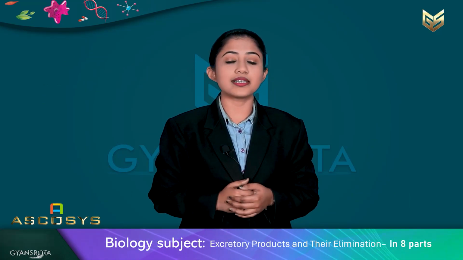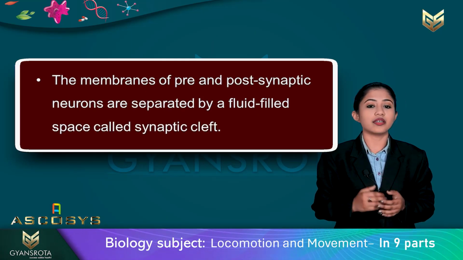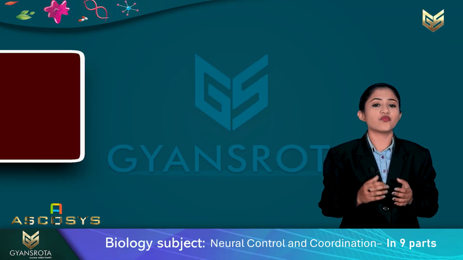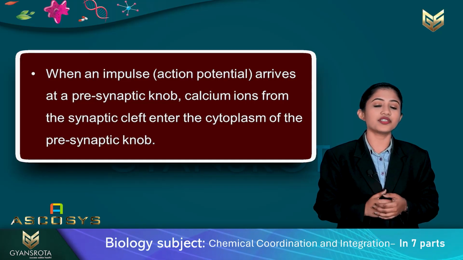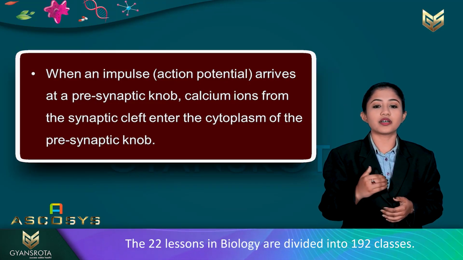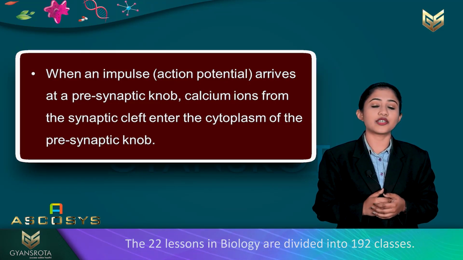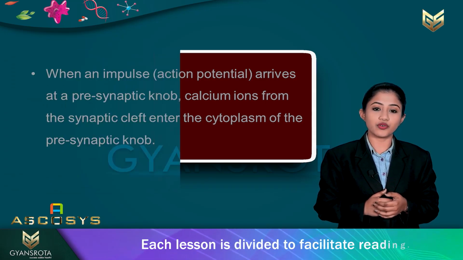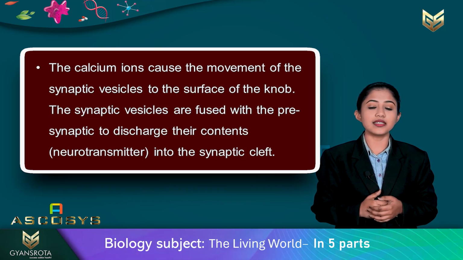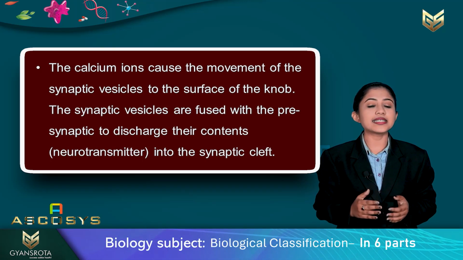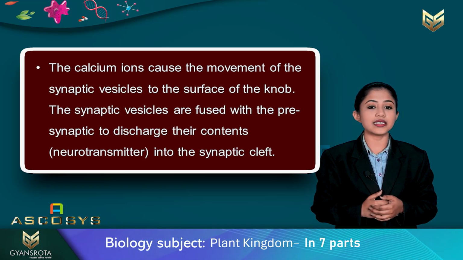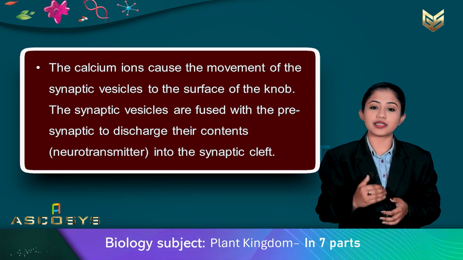Whereas in the chemical synapse, the pre and postsynaptic neurons are separated by a fluid filled space called a synaptic cleft, and when an impulse, that is the action potential, reaches the presynaptic neuron, calcium ions from the synaptic cleft enter the cytoplasm of the presynaptic neuron. This calcium ion causes the movement of synaptic vesicles to the surface of the knob, and these synaptic vesicles fuse with the presynaptic membrane to discharge their content, that is the neurotransmitter, into the synaptic cleft.